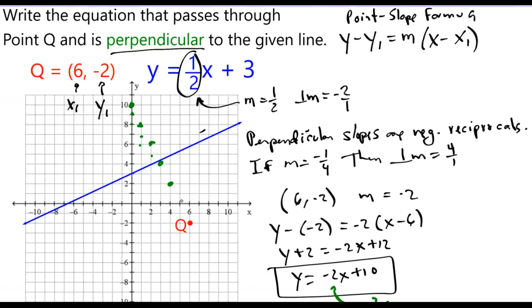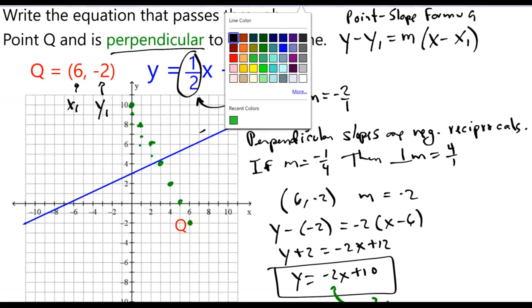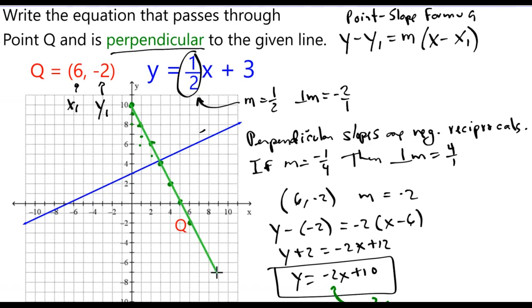We keep doing that, and we see that we land on our point Q. So it does pass through the point, and it is perpendicular to the given line. If I draw this right through, we see that our line is perpendicular, and it passes through the point.